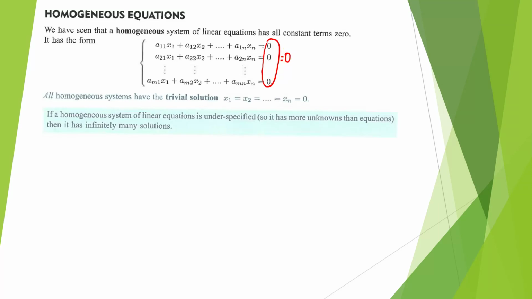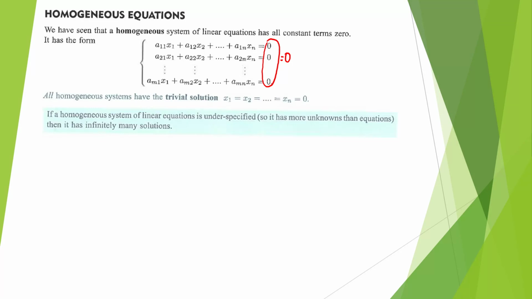This is a system of linear equations, or we can call it a homogeneous system of linear equations. All homogeneous systems have the trivial solution x1 equals x2 equals x3 until xn equals 0.